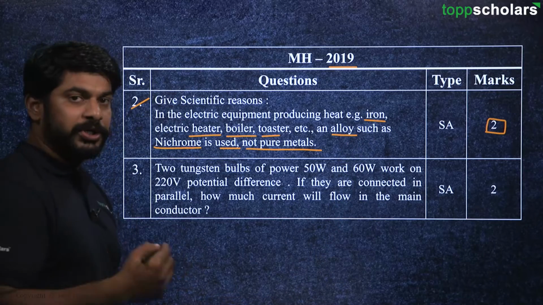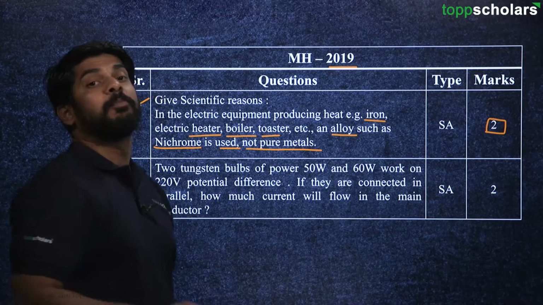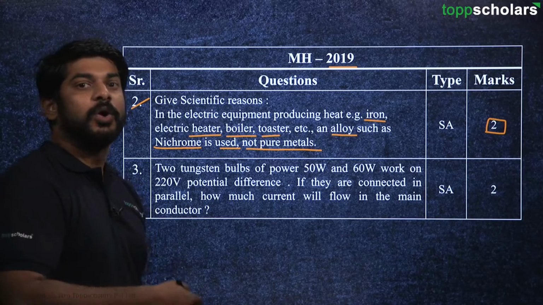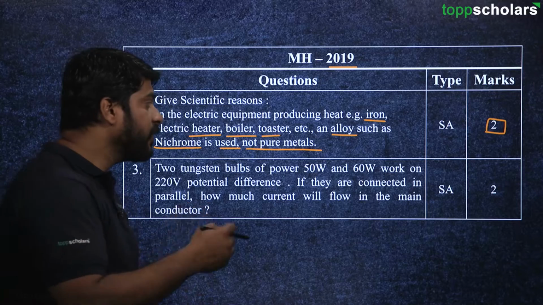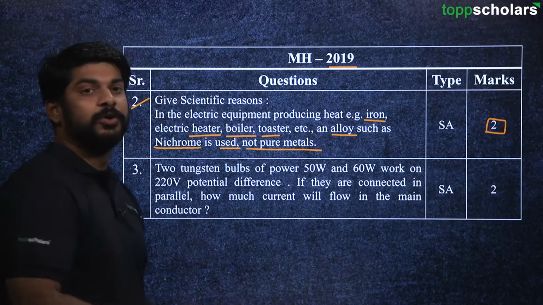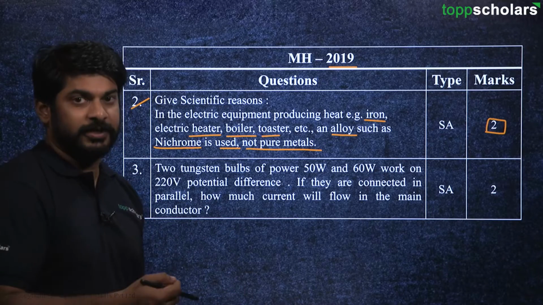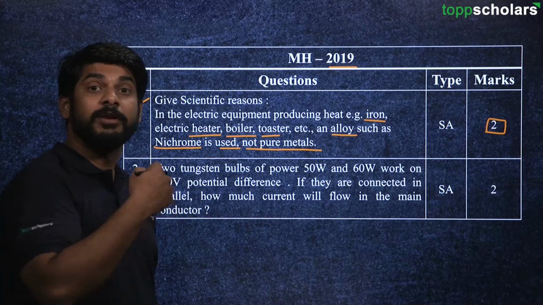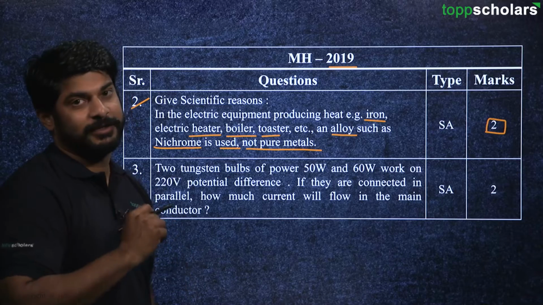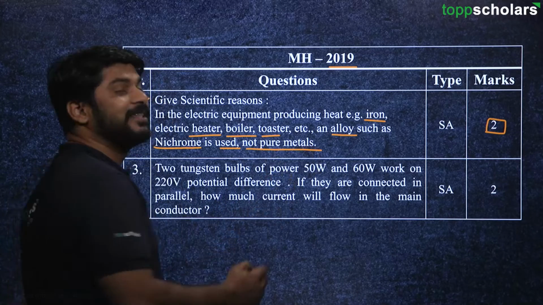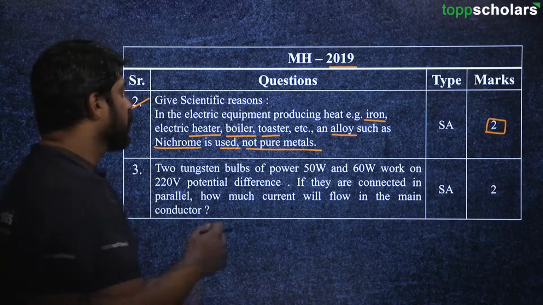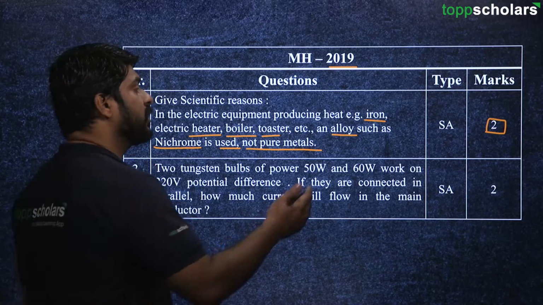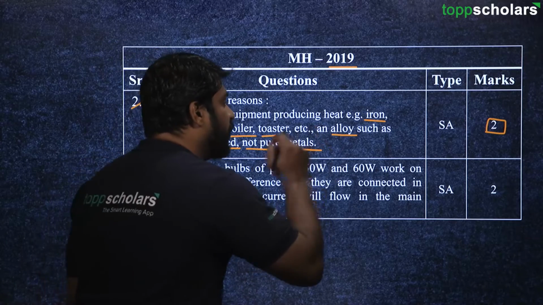So over here if we use a wire made up of pure metals, then it might just melt very easily at very small values of currents. Because due to the heating effect of current, the wires will melt, because pure metals have low melting point, but alloys have got higher melting point, and that's why over here they don't break easily.